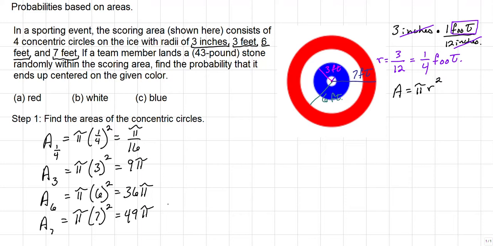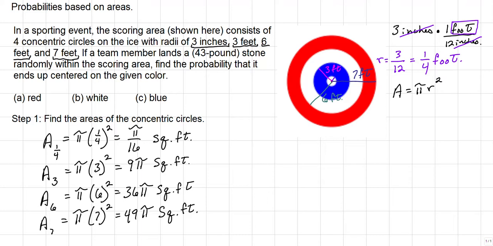Now, keep in mind that since all of our measurements are now in feet, our area is actually in square feet. Once again, though, that in the long run is not going to be important as far as carrying through on our calculations, because those units will divide out. And we'll talk about that in a moment.